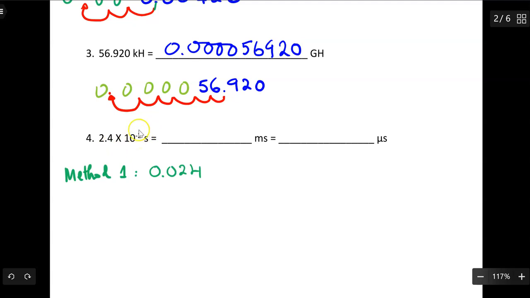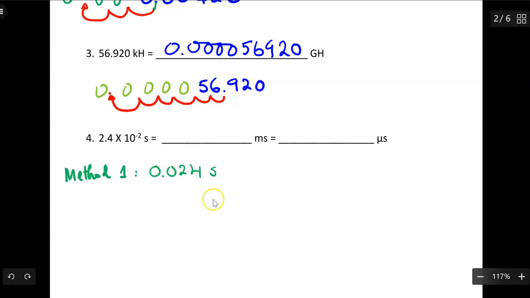The 2 tells you that you have to move this decimal point 2 places. In this case, it will be to the left because you want to make this number smaller. If you drop this 10 to the negative 2 exponent and convert that into the decimal notation, now you have a number like this, and all you have to do is move the decimal point to where you're supposed to move.